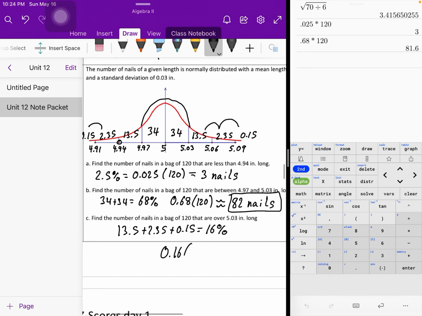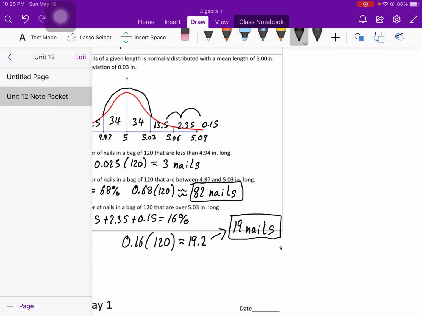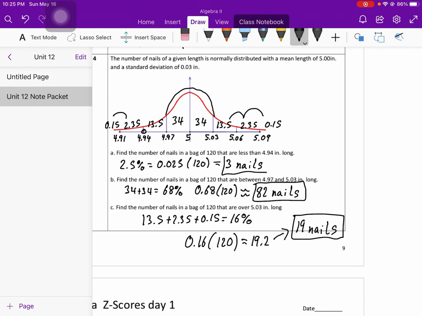So then we're going to change that to 0.16 and multiply it with 120. And it comes out to be 19.2, but we're going to round that to just 19 nails. We would round down on that one. All right, and that's how you do the normal distribution.